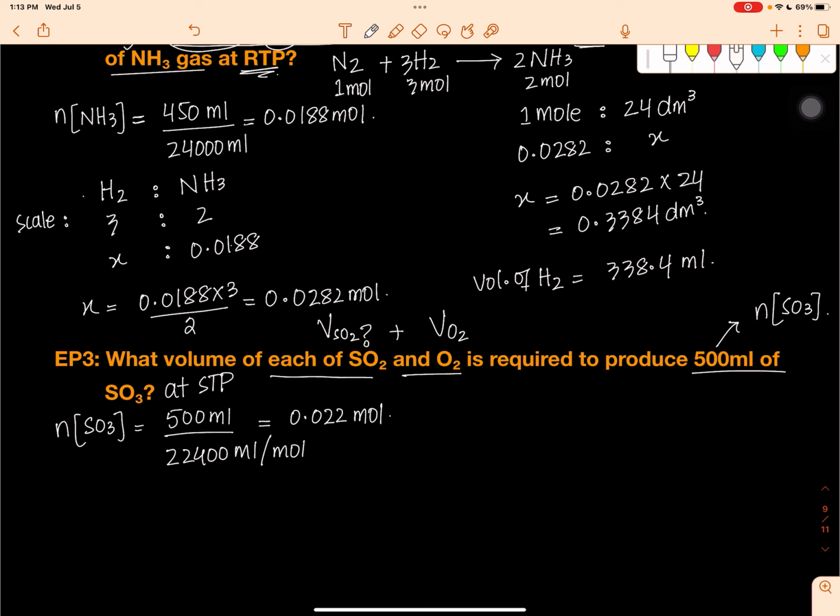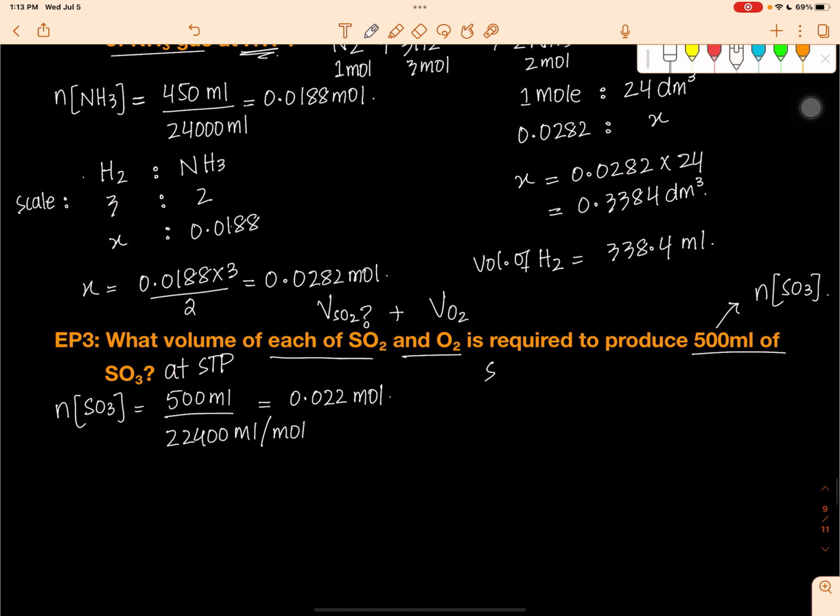So now we need to find the ratio. The balanced equation tells us that sulfur dioxide reacts with oxygen to produce sulfur trioxide: 2 moles react with 1 mole to produce 2 moles of sulfur trioxide. Now let's find what number of moles of sulfur dioxide is required to produce 0.022 moles of sulfur trioxide.